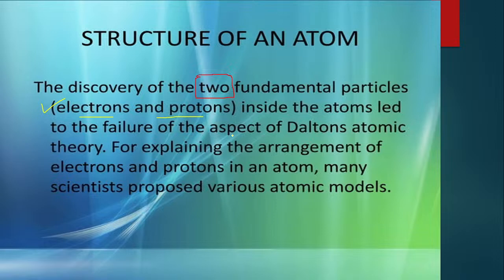It says that atoms are the smallest particles in nature, but scientists like J.J. Thomson, Chadwick, as well as E. Goldstein proved that Dalton is wrong, as atoms also contain further small particles: electrons, protons, as well as neutrons. For explaining the arrangement of electrons and protons in atoms, many scientists proposed various atomic models.